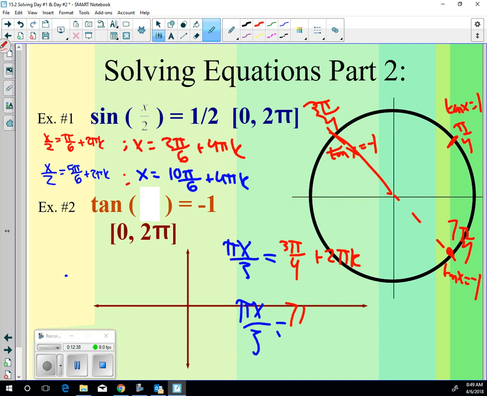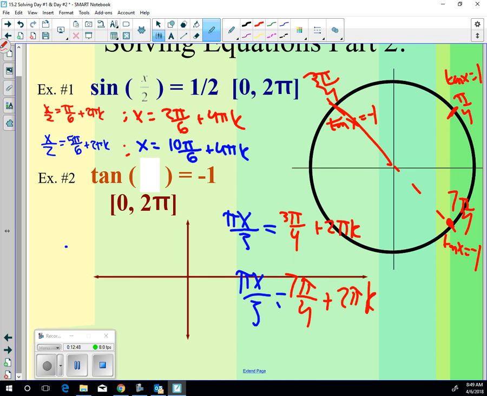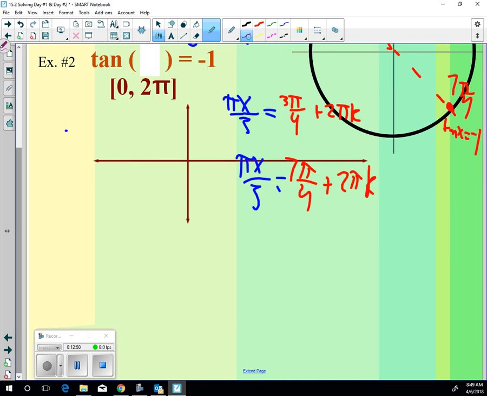So can you see why I made you learn that unit circle? This is it. This was the purpose. 2 pi k. Now, to solve for x, we're going to divide everything by pi, which I like. I'm going to get rid of all the pi's everywhere. And then I'm going to multiply everything by 3.